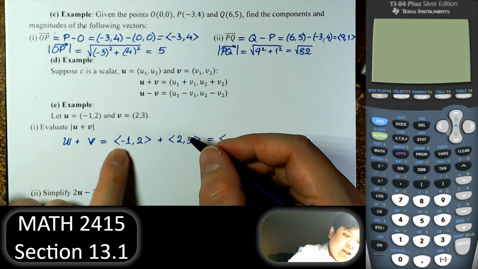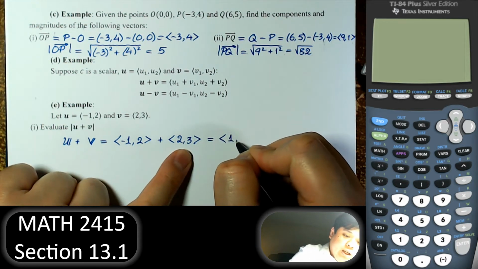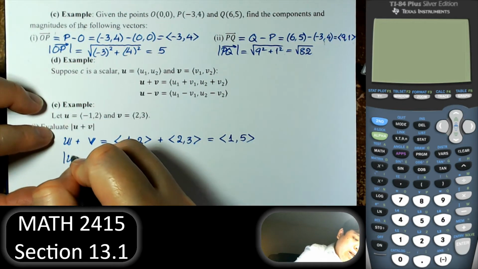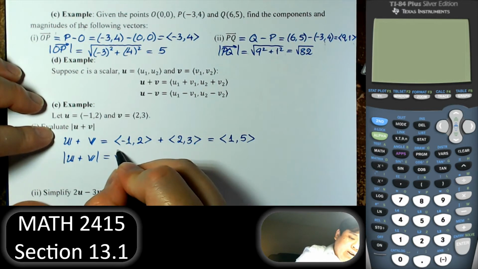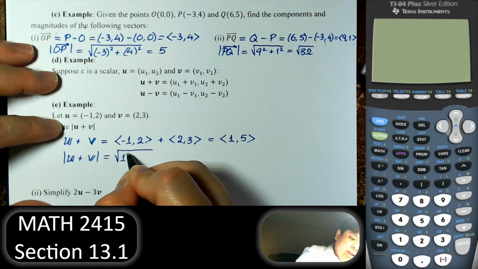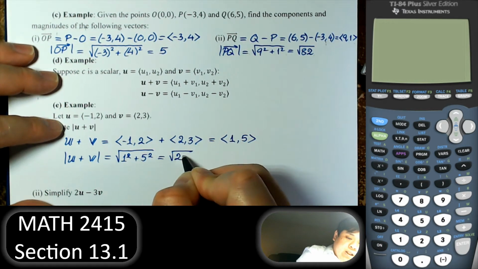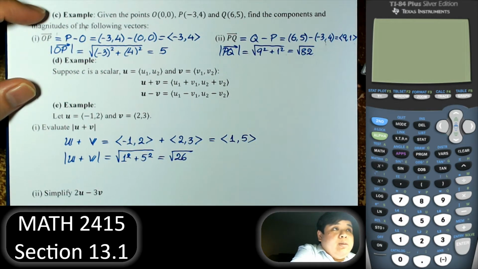Add the components. Negative 1 plus 2 is 1. 2 and 3 is 5. So the magnitude of 1 and 5 is the square root of 26. Right, simple enough, right?